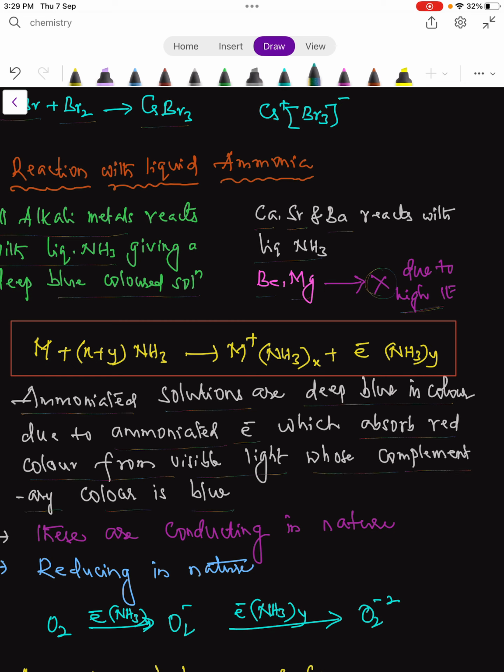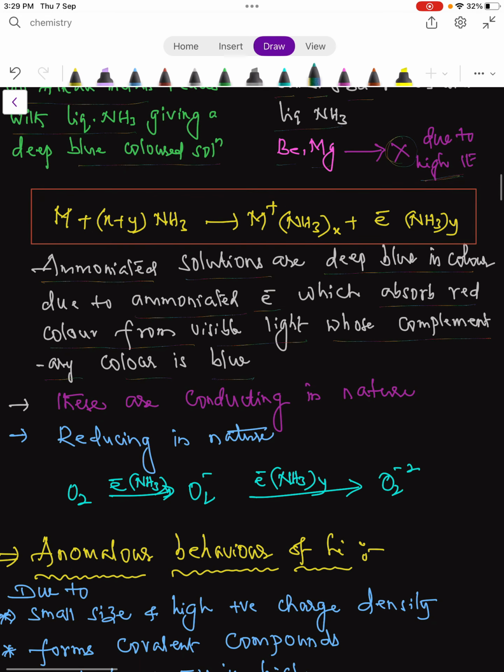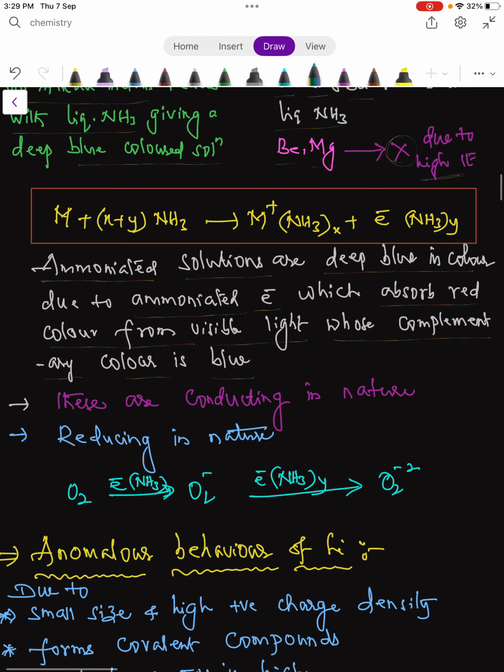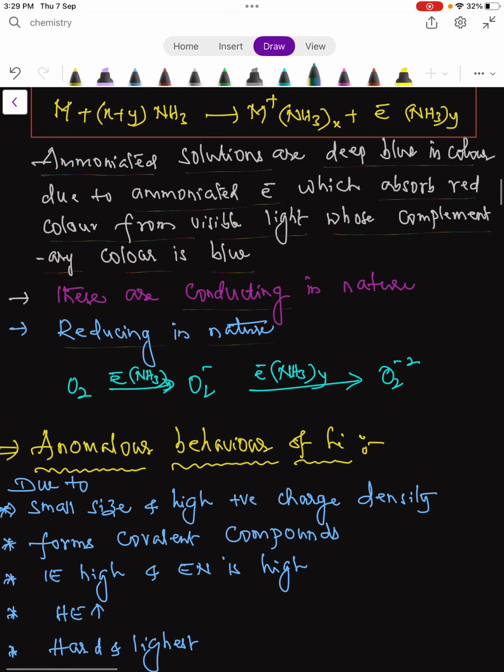That is the reason they have blue color. And next, these ammoniated solutions can conduct electricity. That's why they are conducting in nature, and they are reducing in nature, right? So that you can understand from this equation. O2, when it gains an electron in the presence of ammonia, O2 minus is formed. Again, one more electron is gained, O2 2 minus is formed.